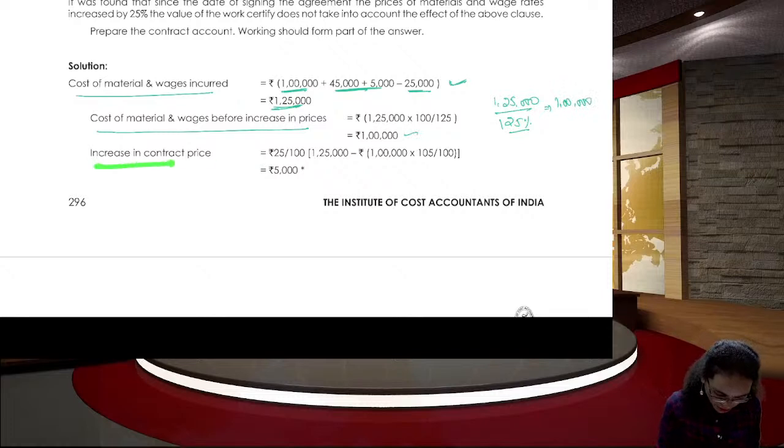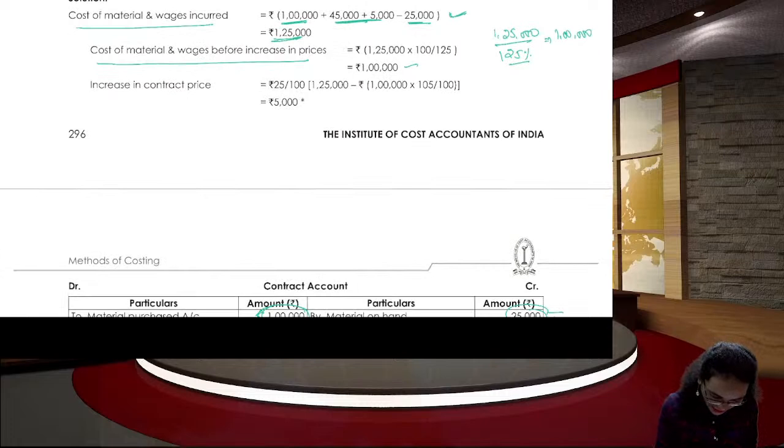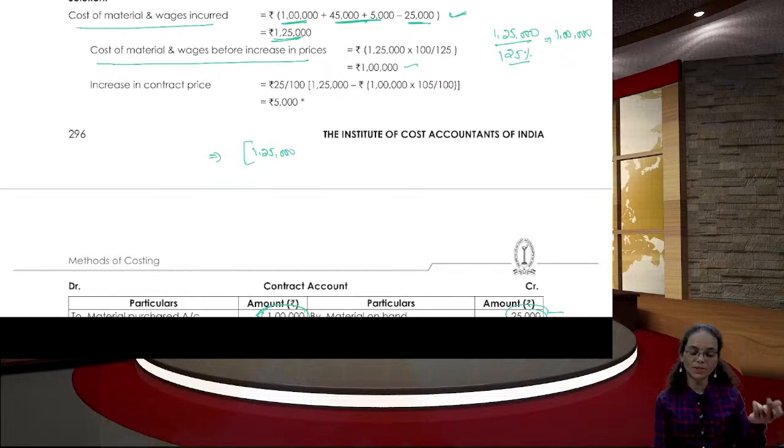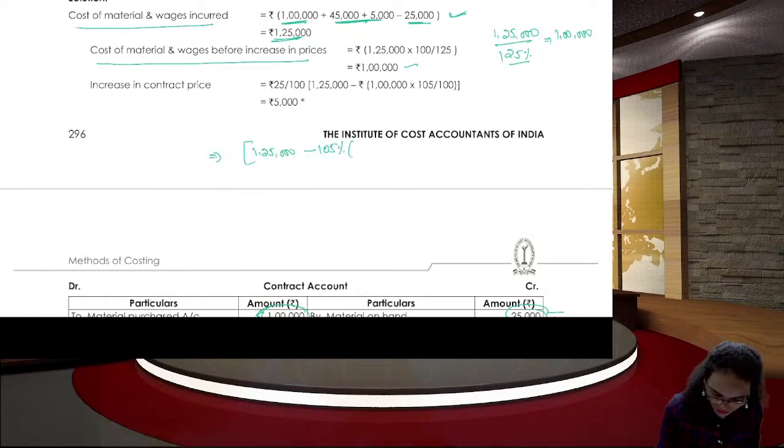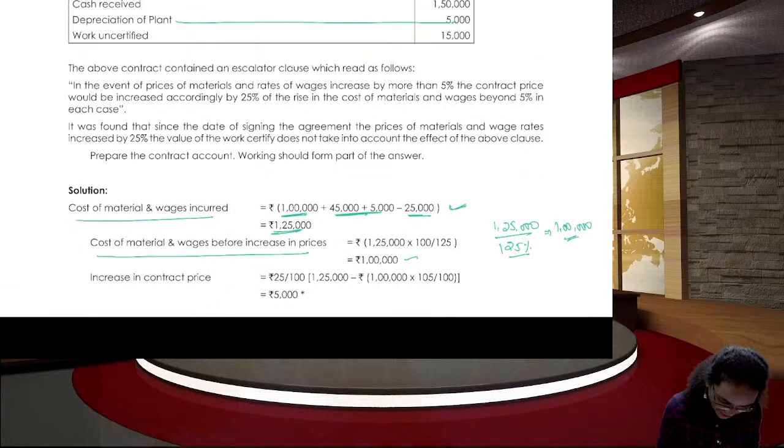Increase in the contract price, how much should be increased? I'll write here. 1,25,000 is the amount now you paid, but he said after 5%, up to 105% can be accepted. So 105% of this 1 lakh, into 25%, that is what is given in the question.